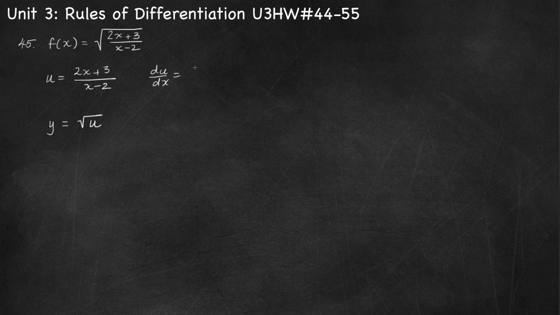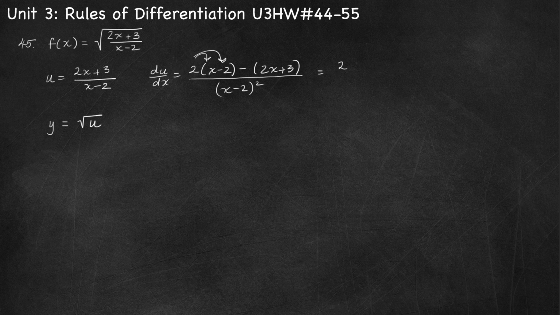So derivative of the top is 2 times the bottom minus the top times the derivative of the bottom, which is just 1, over bottom squared. So (x minus 2) squared. And if we simplify this on the top, I'm going to distribute the 2.